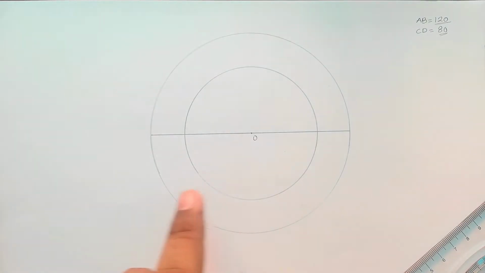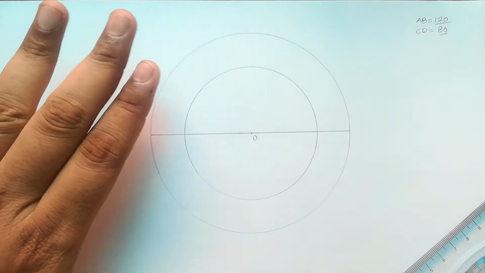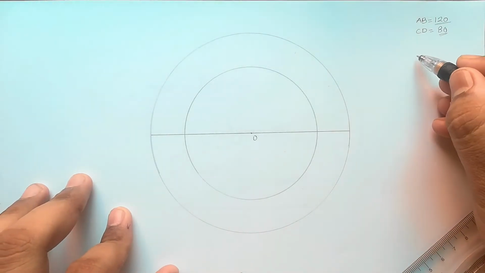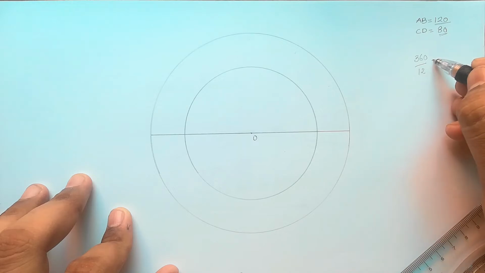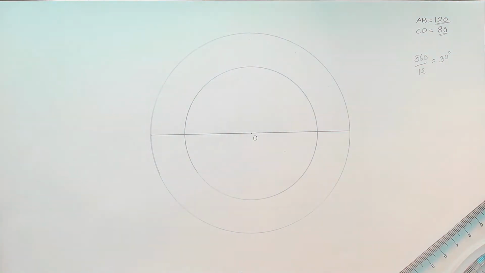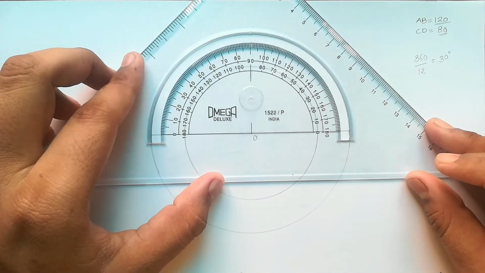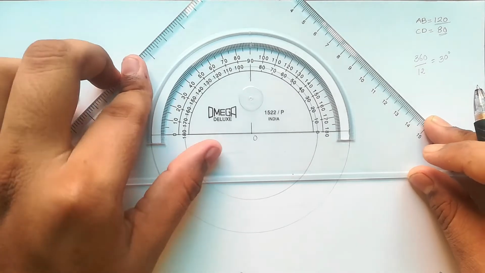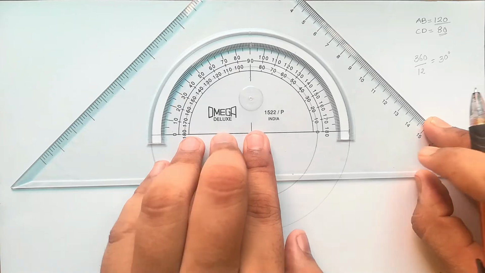Now to make 12 equal divisions of 360 degrees, 360 divided by 12 gives an answer of 30 degrees. So I need to make divisions of 30 degrees each. I will start with this major axis and divide the whole circle into 30 degree equal divisions.